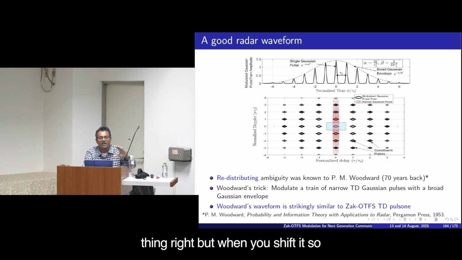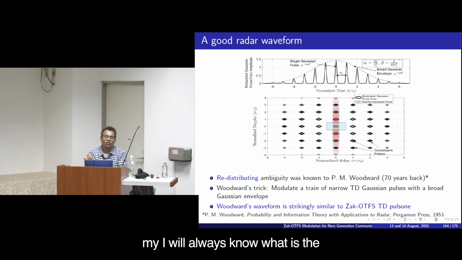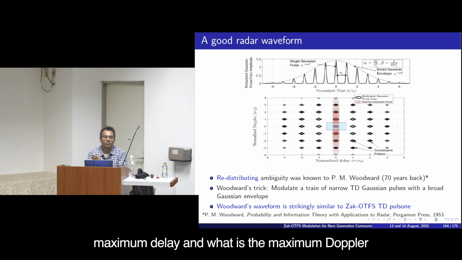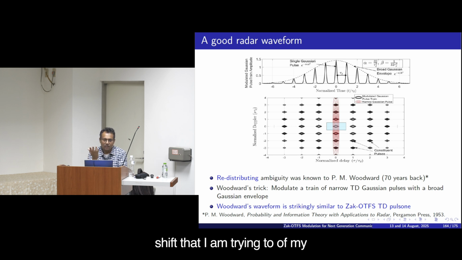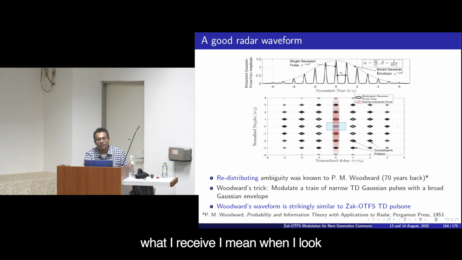So, that will just shift this whole thing, right. But when you shift it, you see this blue box, I know that I will always know the maximum delay and the maximum Doppler shift of my system. So, I will only look at what I receive.